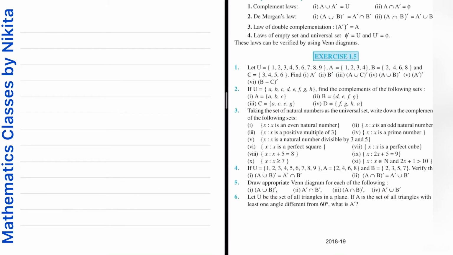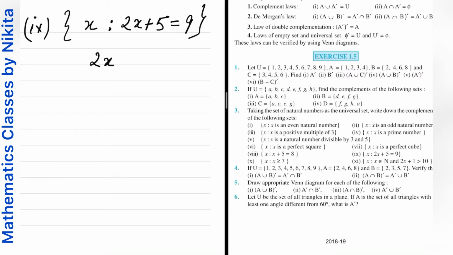Next part says that you have to find the complement of all those x such that 2x plus 5 equal to 9. So first let us solve this equality. So this is an equality, 2x plus 5 equal to 9. So this implies 2x is equal to 4 and this implies x is equal to 2.